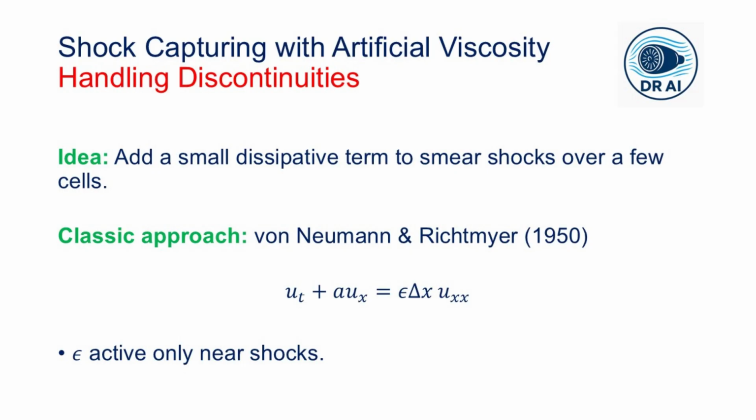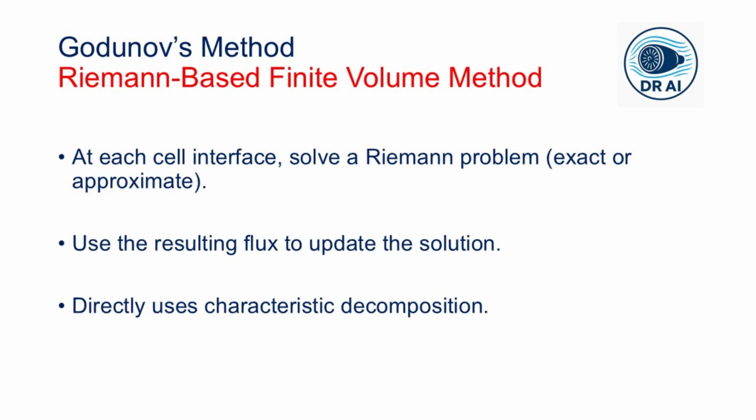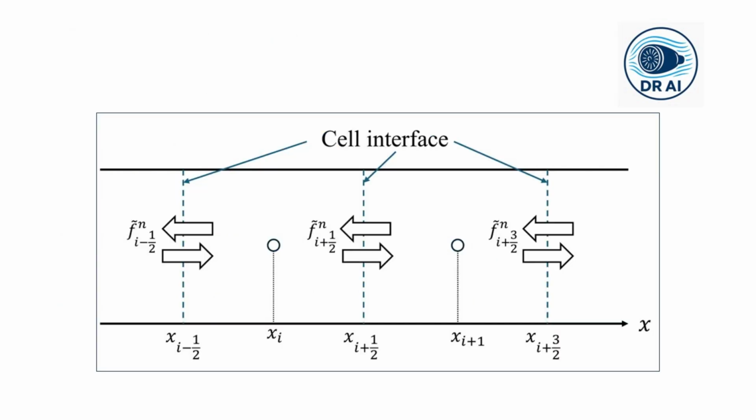Von Neumann and Richtmyer introduced this in the 1950s. The second main strategy is the Godunov type method, in which we solve Riemann problems at the cell interfaces exactly or approximately. This approach directly uses the characteristic analysis. At each interface, we use an initial discontinuity problem to compute the flux.